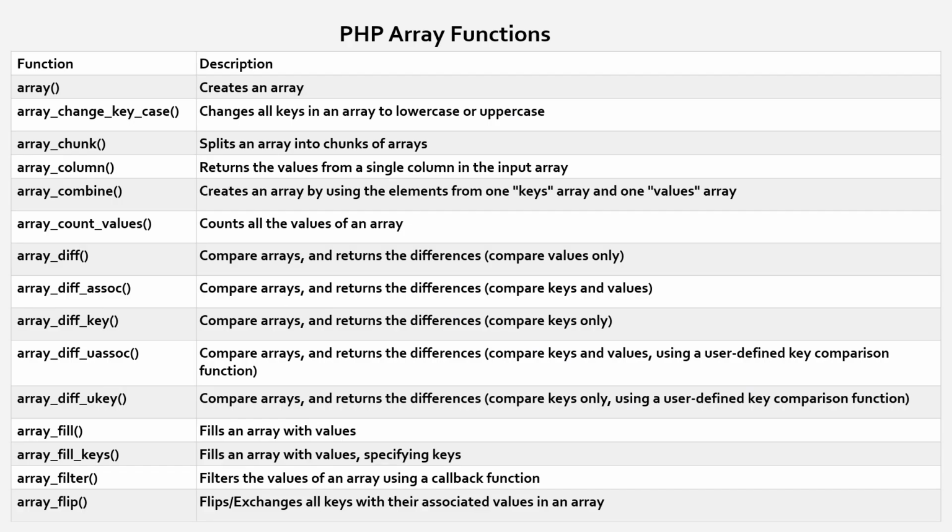So the array sorting functions we have discussed. Similarly in PHP we have different array functions. So this is the list. Just go through all the other functions one by one. The function names and the corresponding descriptions are included. So please go through all the other things.